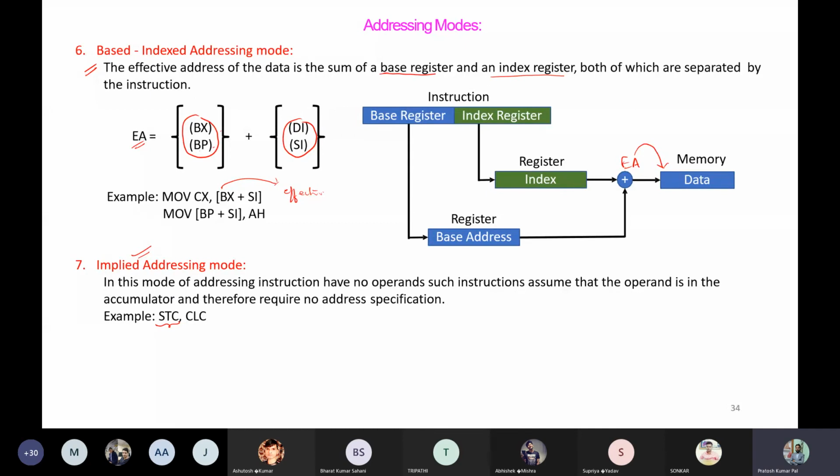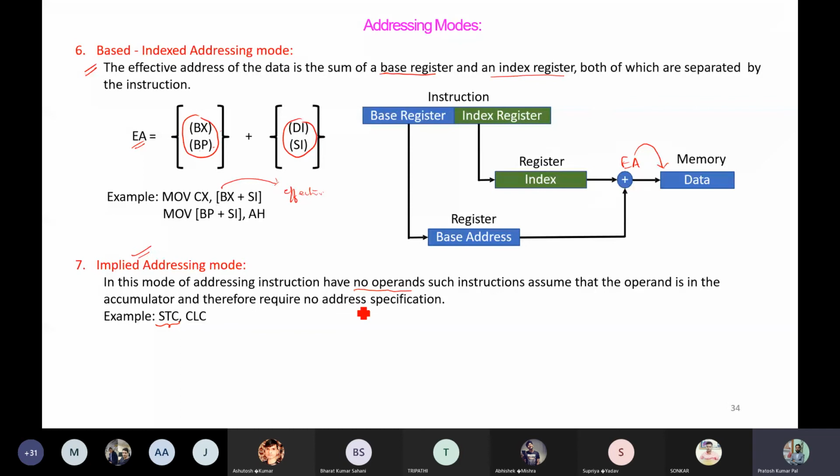So in this mode of addressing, instructions have no operands. Such instructions assume that the operand is in the accumulator and therefore require no address specification. As there is no need of any operand, there is no need of any address specification.